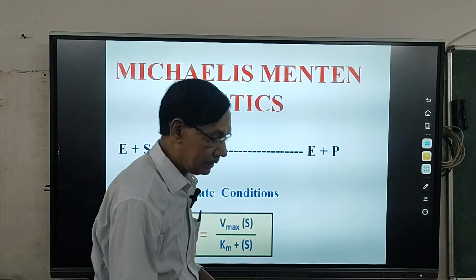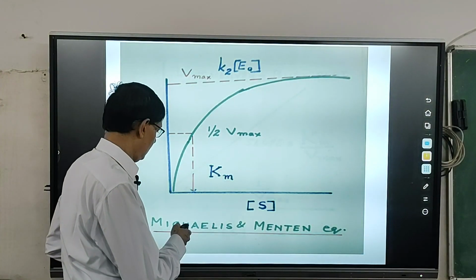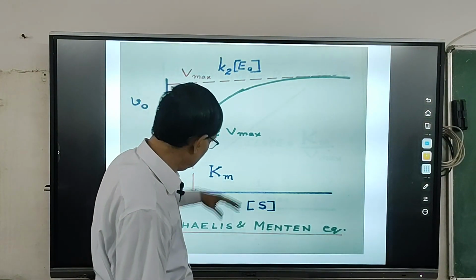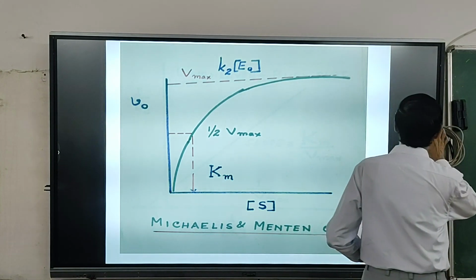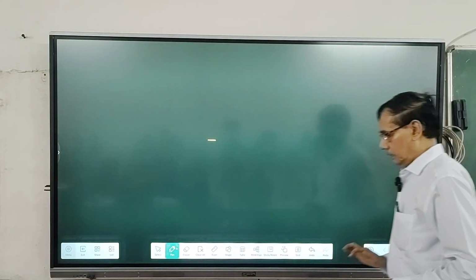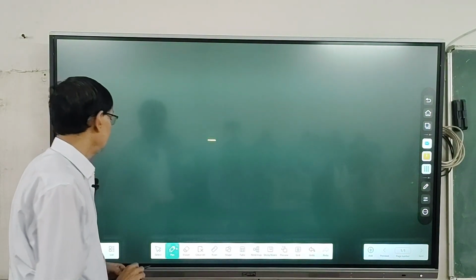It depends upon your researcher. Okay, so let me start with the first equation, which is very simple. I will first solve it and then do all these things. It is very simple to understand.